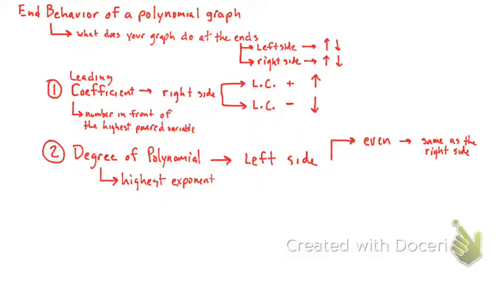For example, if we know the right side is going up and we have an even degree, then that means my left side is also going up. So when you have an even degree, the left and right side will match.